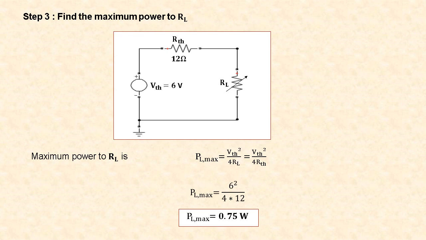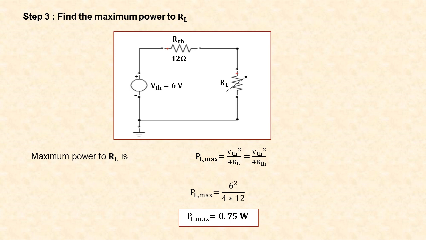Next, to find the maximum power delivered to the load resistor, we have to draw the Thevenin's equivalent of the circuit. So after drawing that, for maximum power transfer, the condition is RTH should be equal to RL. Here VTH is equal to 6 volt and RTH is equal to 12 ohms. Therefore, RL should be equal to 12 ohms.